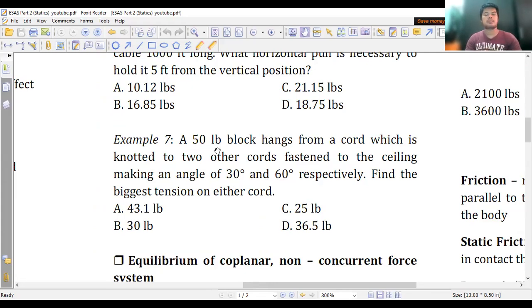In example number 7, we have a block which is hung to the ceiling using two cords, making angles of 30 degrees and 60 degrees respectively. So find the biggest tension on either cord. Let's use Lami's theorem.